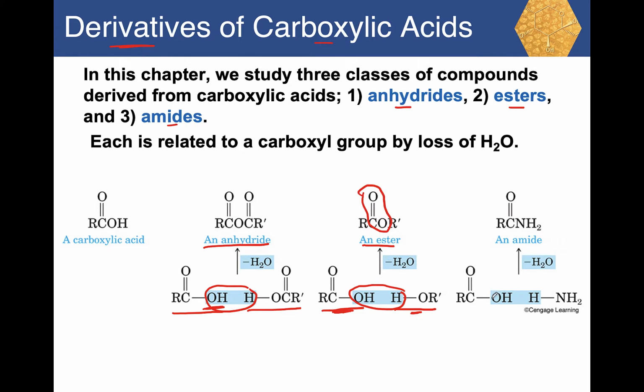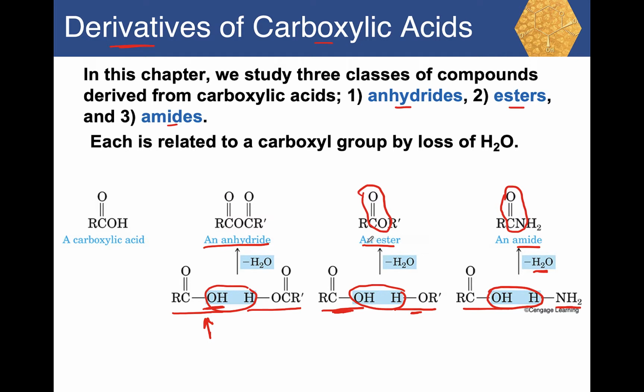Here's an amide. Here's a carboxylic acid. Here's the amine, in this case ammonia. So we subtract or eliminate the water, as shown here. We get an amide, and of course you will recognize the amide functionality is right here. So that's why they're called derivatives. Another definition why they're called derivatives is that if we should take an anhydride and react it with water, we get a carboxylic acid.